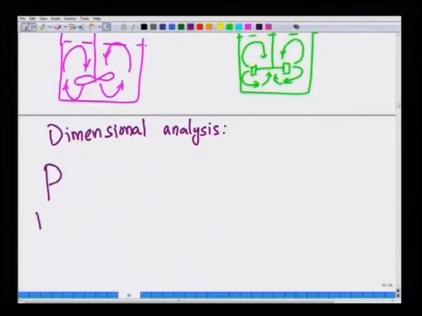One is the power, the rate at which work is done by the impeller on the fluid, that is the power requirement of the pump. It must be a function of the angular velocity of the impeller, that is denoted by small n in this notation. Okay. So, this is the revolutions per second.